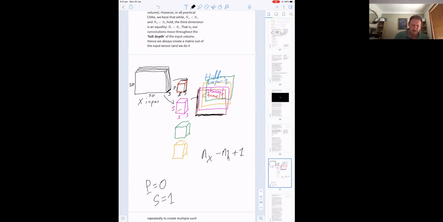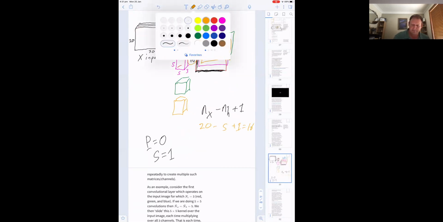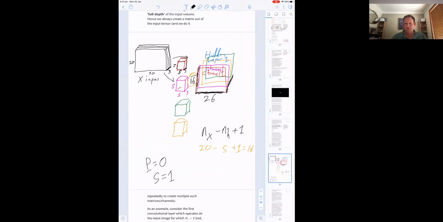This was 20 and 30. Our image wasn't square. So in this dimension, it's indeed 16, because 20 minus 5 plus 1 equals 16. What's in this dimension? 26. So we've got 16 by 26. And what's the depth of this volume? 4. Perfect.